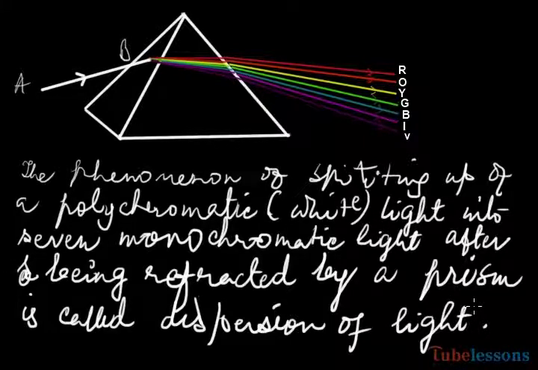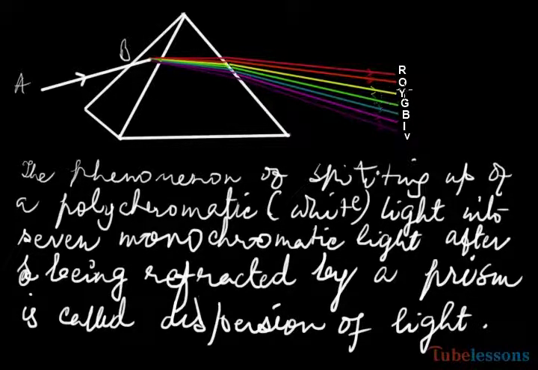Now again see, it's a phenomenon of splitting up of a white light or polychromatic light. This is a white light. When it passes through a prism, it splits up and then a band of 7 different monochromatic colored light is formed. The 7 colored band is made of violet, indigo, blue, green, yellow, orange, and red.